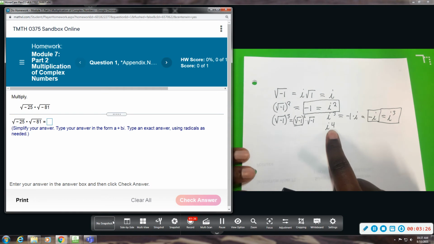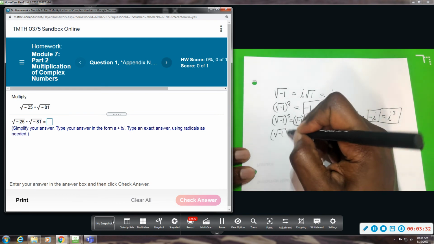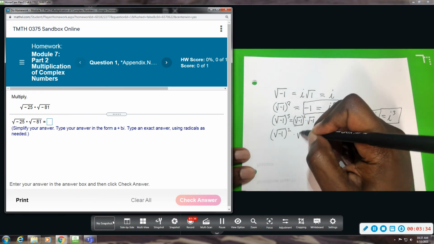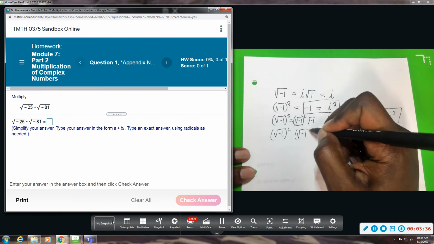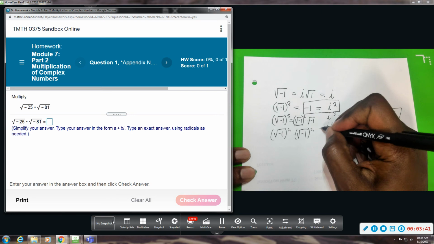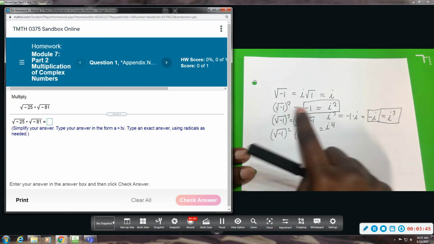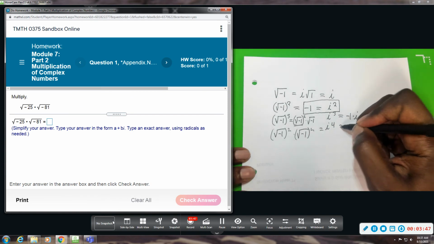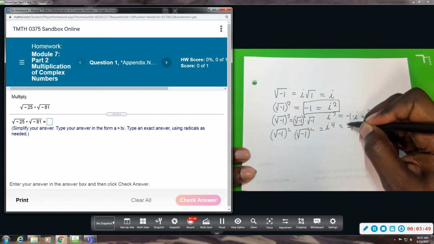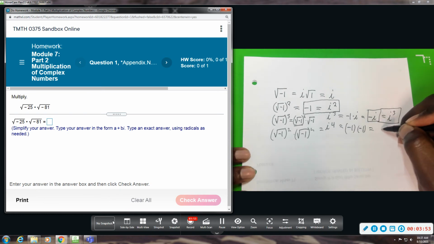And then when we get to the 4th power, the simple way of thinking of that is just saying the square root of -1 squared times the square root of -1 squared again, because 2 plus 2 gives us 4. And the square root of -1 squared, which we previously talked about, is -1. So what we get here is -1 times -1. And a negative times a negative equals positive.